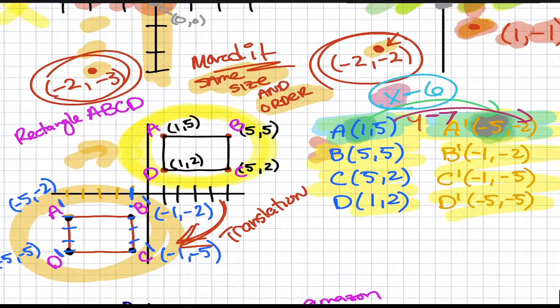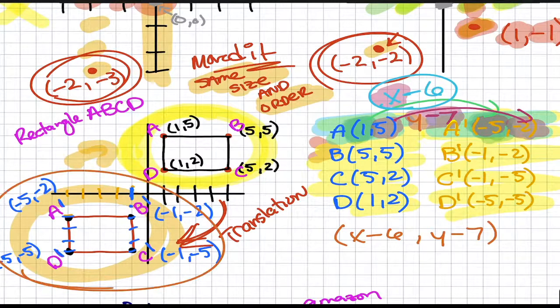Because you had to take the original y and subtract 7 from it to get negative 2. The way you write this is x minus 6, comma, y minus 7. That's the algebraic representation of this translation. Okay? Algebraic, meaning including the letters. Representation, as in this represents what happened here.